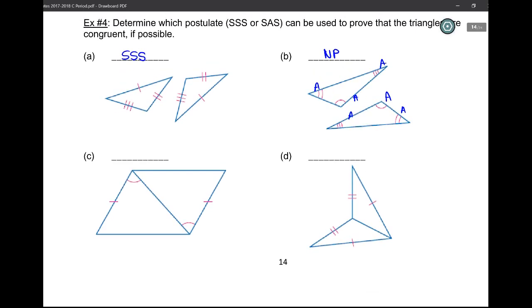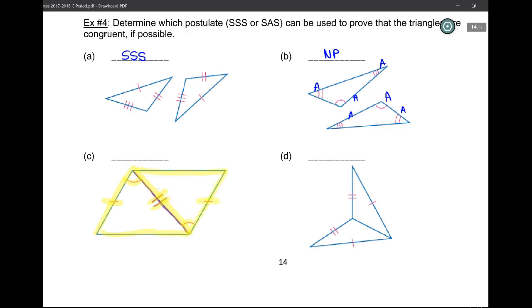For part C, sometimes we can label additional pieces of information. So this is actually similar to the last proof in that they actually share a side right here. So when they share a side, we can mark that as a congruency. So looking at one triangle here, let's say this triangle, we have side, angle, side, and then does that match this triangle?